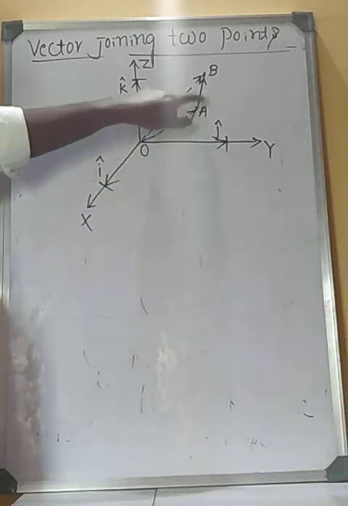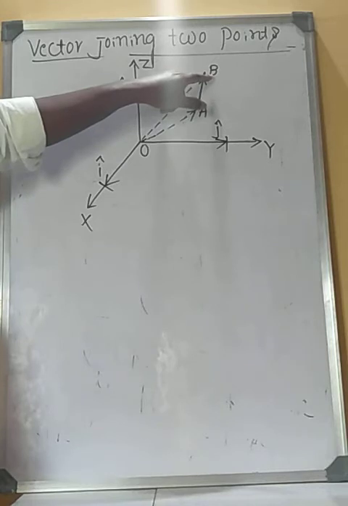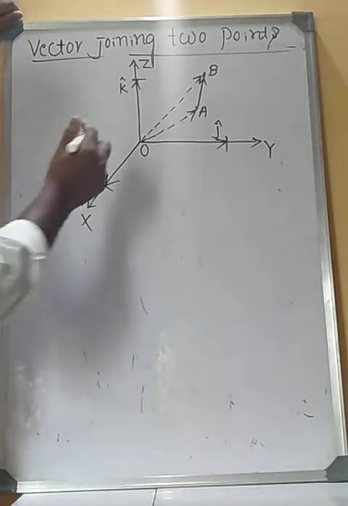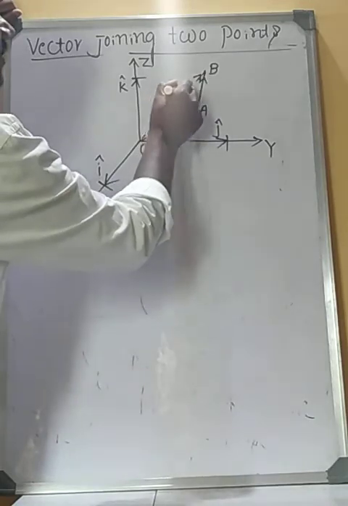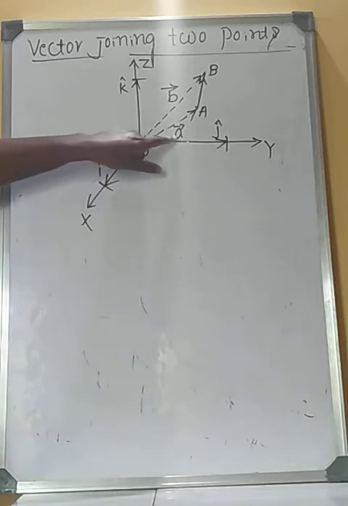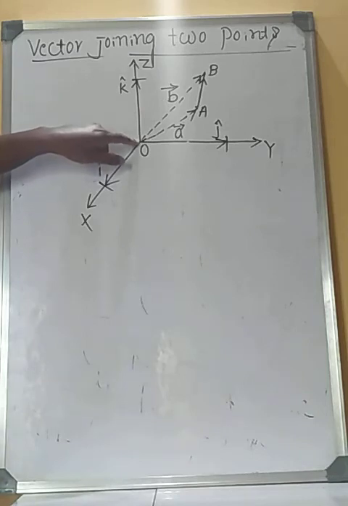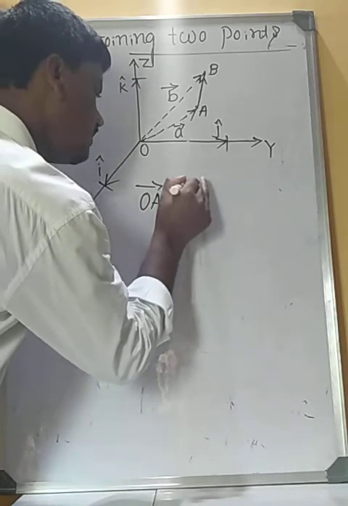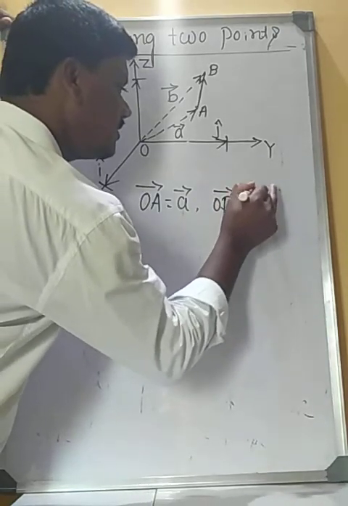Let A and B be any 2 points in space or on the plane with position vectors A vector and B vector with respect to the origin, that is, vector OA is equal to vector A and vector OB is equal to vector B.